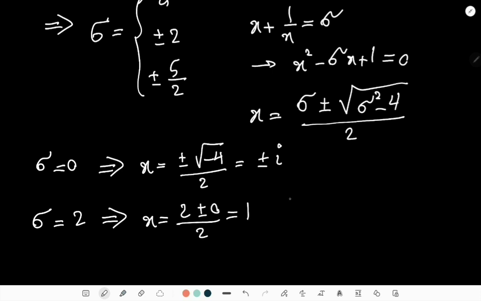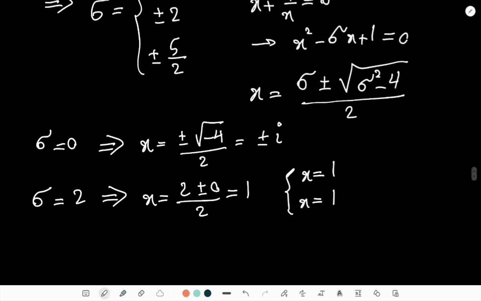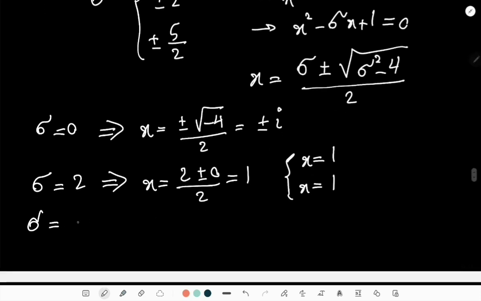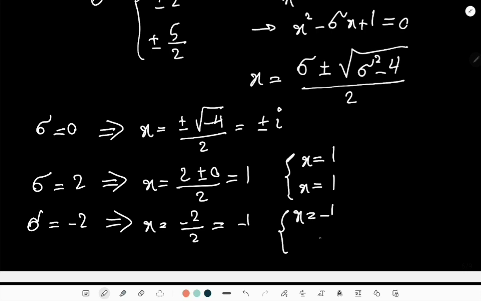But this is a repeated root, because delta is 0, so I have 2 roots equal to 1 here. If I put sigma equal to minus 2, then I get x equals minus 2 over 2, which is minus 1. Then I get 2 repeated roots here.